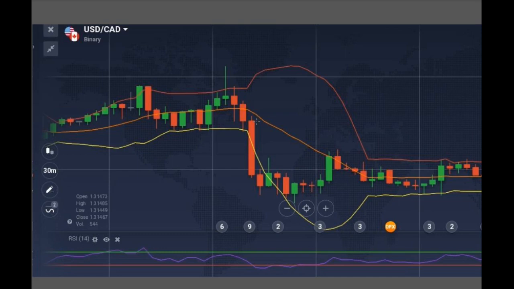Okay, so you have the US dollar card, and the first thing we look out for is a bullish or bearish momentum. So you are scanning the market for an asset that is trending in a very strong manner.